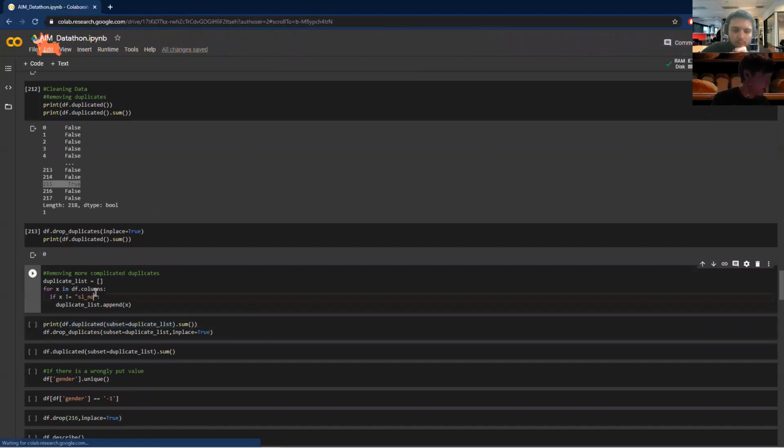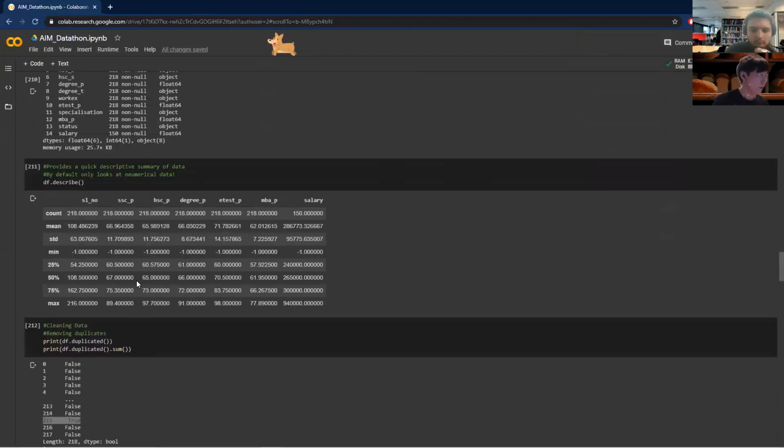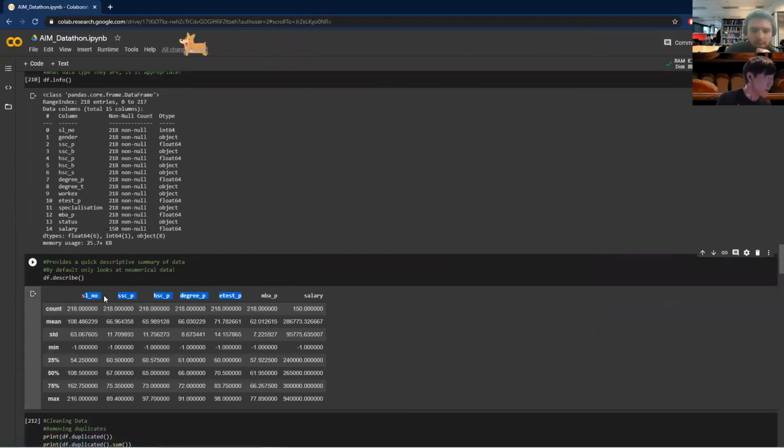The way you can do that is, first of all, I make a list. If you don't know what Python lists are, it's basically just a list of strings or numbers or whatever, and that makes it easy for me to go through a lot of different strings and numbers. So I made a list of all the columns except serial number.